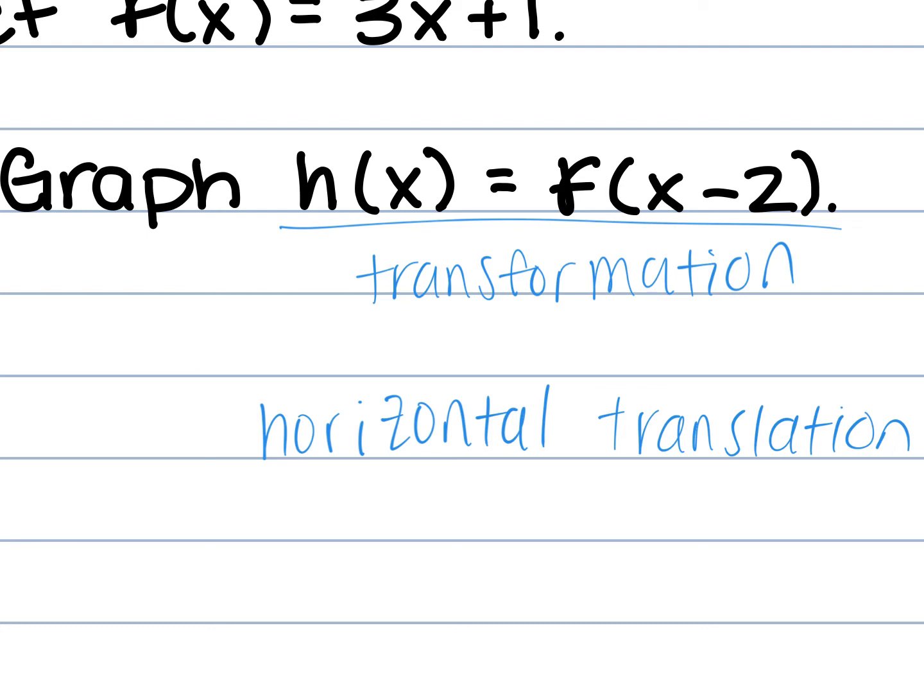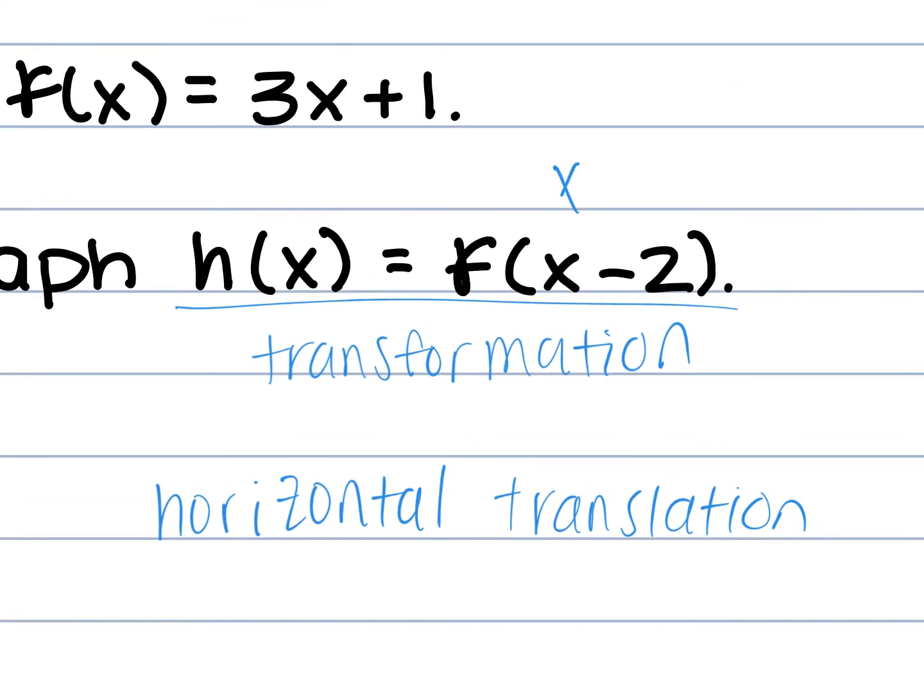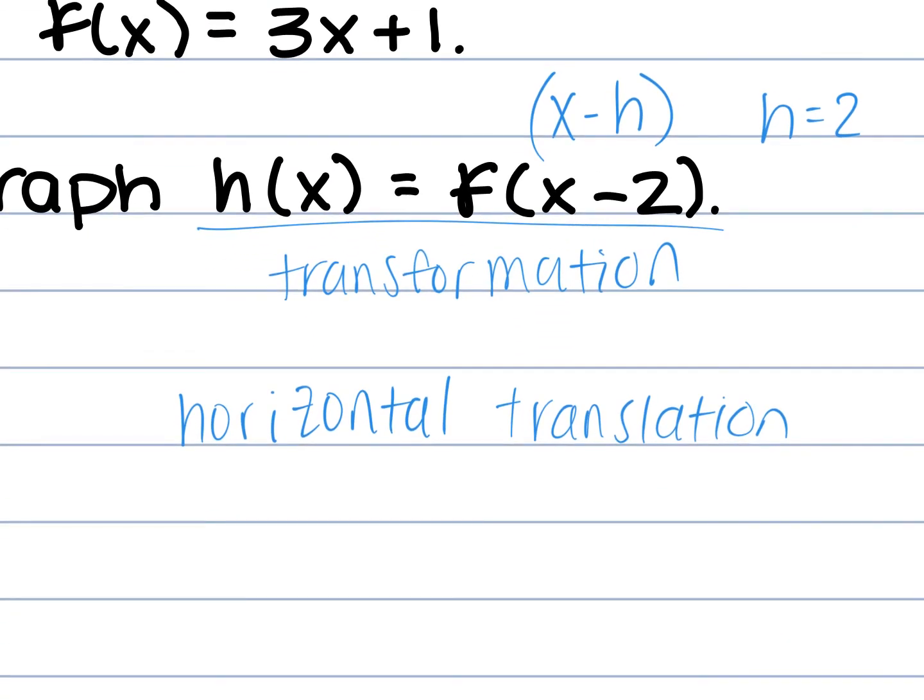Close. So remember, this has to match x minus h, correct? What value of h here would make this match x minus 2? h must be equal to 2. Do you guys agree? So now if h is equal to 2, how do I move if we're horizontally translating it?